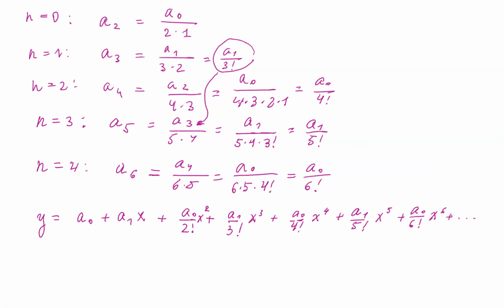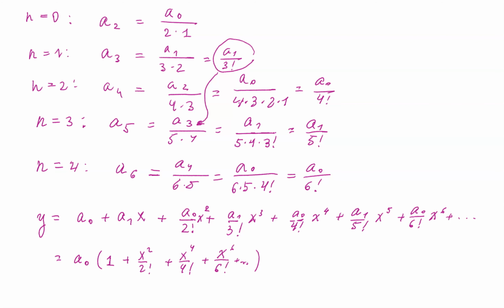What I'm going to do, guys, I'm going to unify terms with A0 and terms with A1 separately. So first term with A0 is 1 from here, right? Plus x squared over 2 factorial plus x to the power of 4 over 4 factorial and plus x to the power of 6 over 6 factorial.